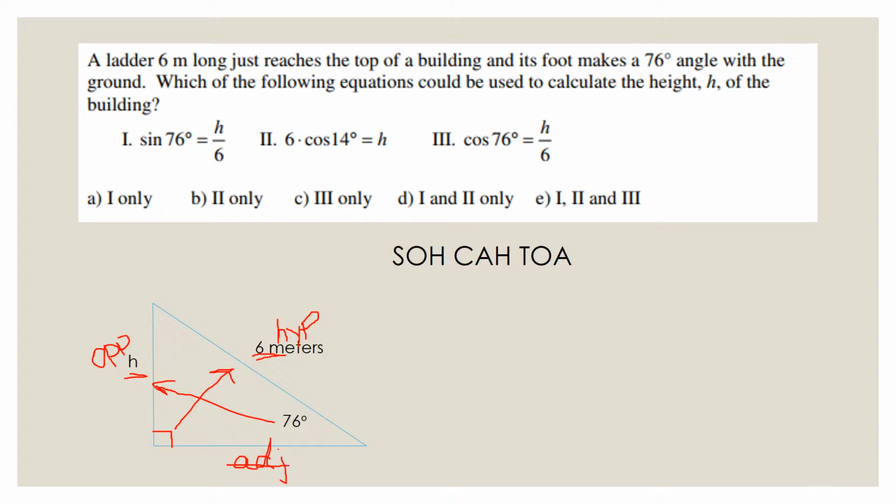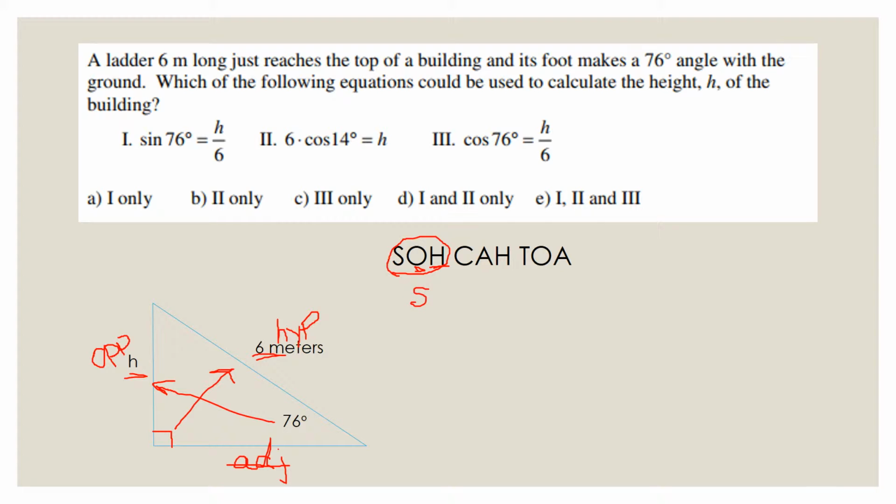Now we look at this and we want to know the height, and we have the hypotenuse. We don't want to look at the adjacent side. We don't need to know anything about that right now. So I go up to my SOHCAHTOA, and we want something that includes opposite and hypotenuse. And we will see that our sine ratio will use the opposite and the hypotenuse.